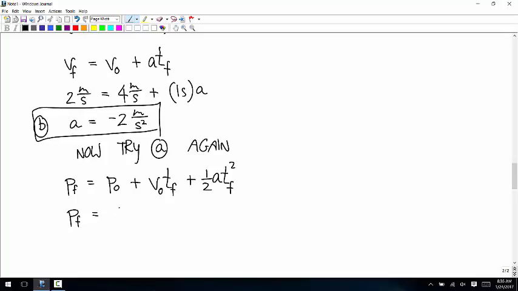So PF is equal to 0 plus 4 times 1 plus 1/2 times negative 2 times 1 squared. And you get that PF is equal to 3 meters.